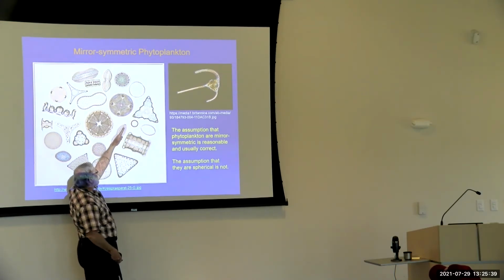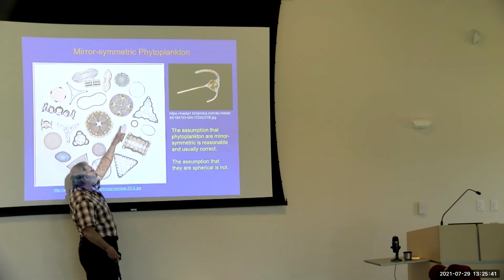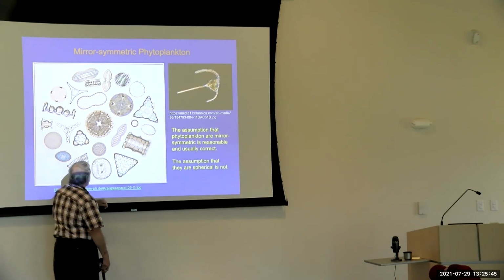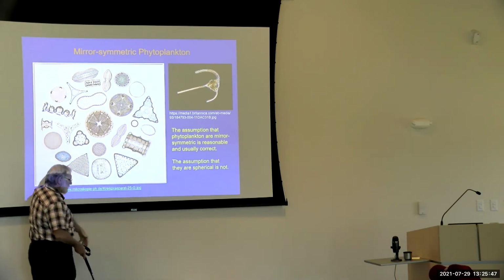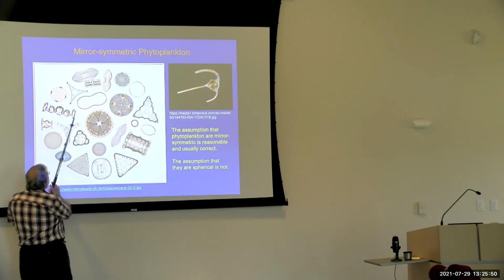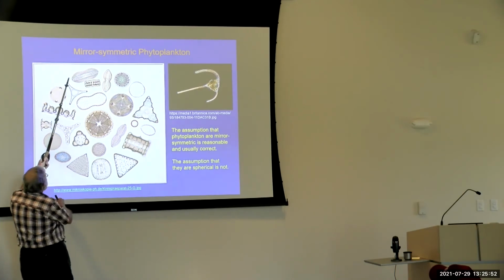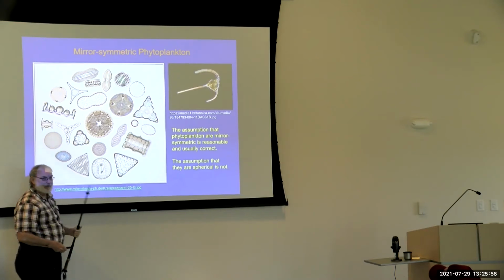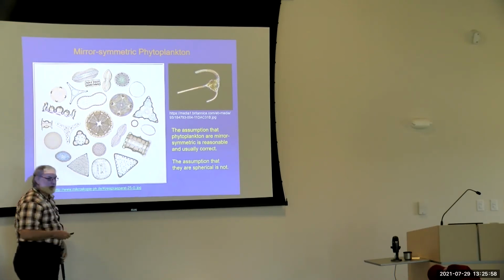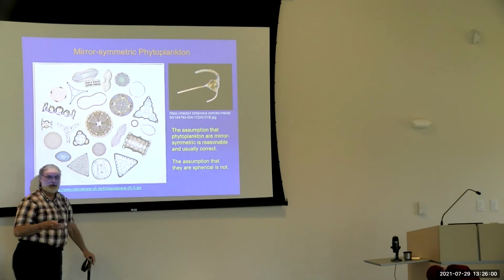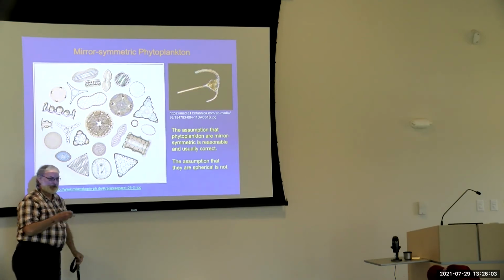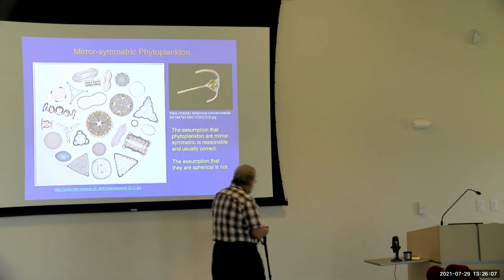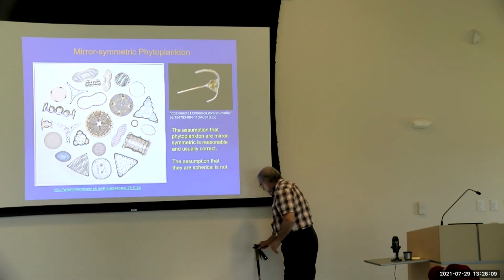Or you could pick a plane this way and flip it through a mirror and this guy would look the same. So those are all mirror symmetric particles. You know, this one here, weird looking thing, pick a plane through the middle that way and flip it left to right, he still looks the same. So it's a pretty good assumption that phytoplankton and other little particles, mineral particles, bubbles, whatever, do display mirror symmetry. So we're in luck.